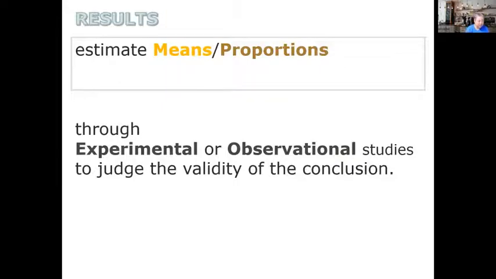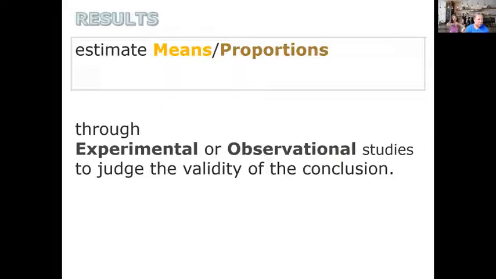And in order to get this result, what do you do? You either experiment on the sample with a certain purpose, or you simply observe what's happening within the sample group.